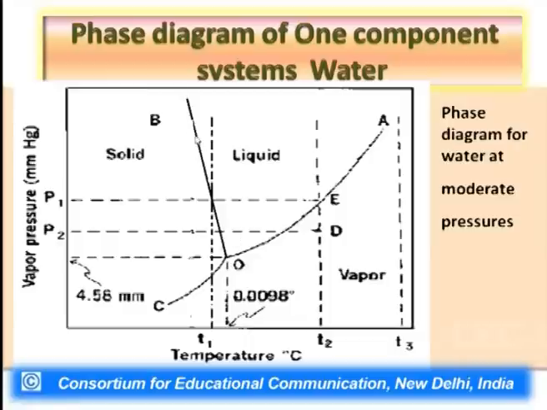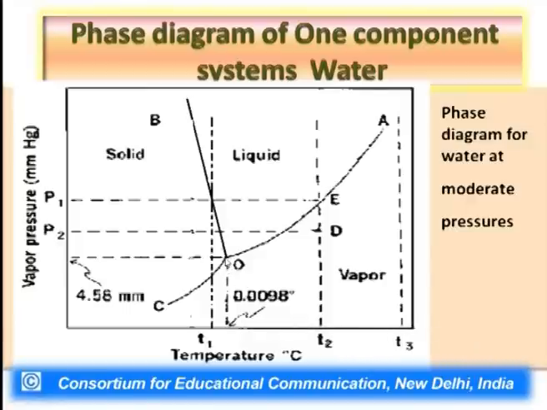For example, curve BO represents solid-liquid equilibrium, curve AO represents liquid-vapor equilibrium, and curve OC represents solid-vapor equilibrium. And now what about this point O?